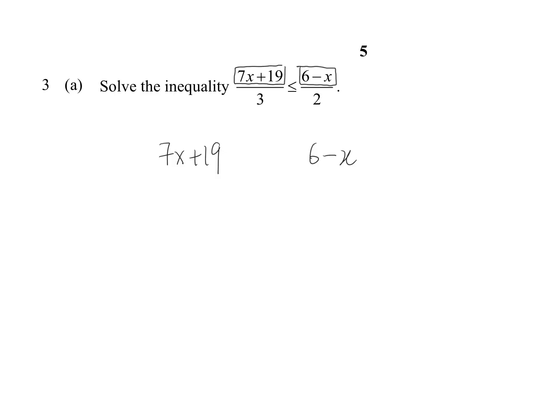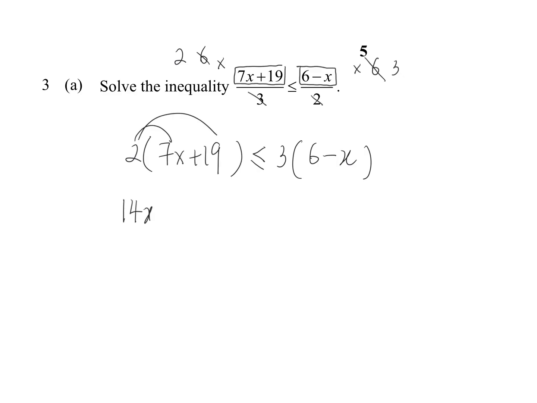And then technically, if we multiply 6 on both sides, can you see that's why we cross multiply? That's why the 2 multiplies over and then the 3 multiplies over. But the sign stays the same. Some of you forgot to multiply the 2 to the second term, which is a waste.